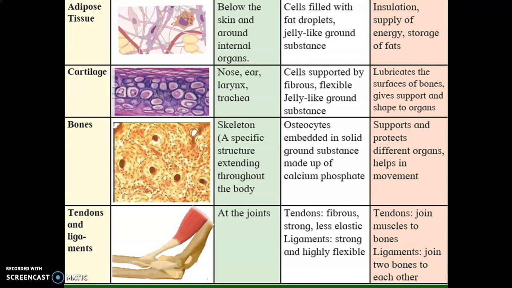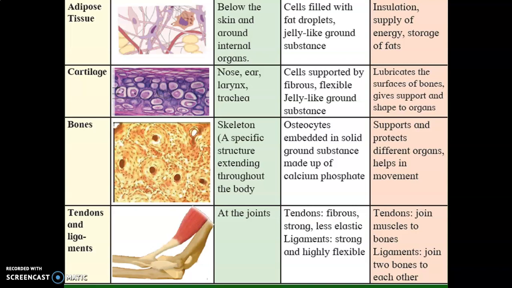Tendon joins muscle to bones. Okay, so we have different types of muscles and bones that are joined with the help of tendons, whereas ligaments join two bones to each other. So therefore, ligaments are more flexible and strong because they join two bones, whereas tendons join muscle to the bones.